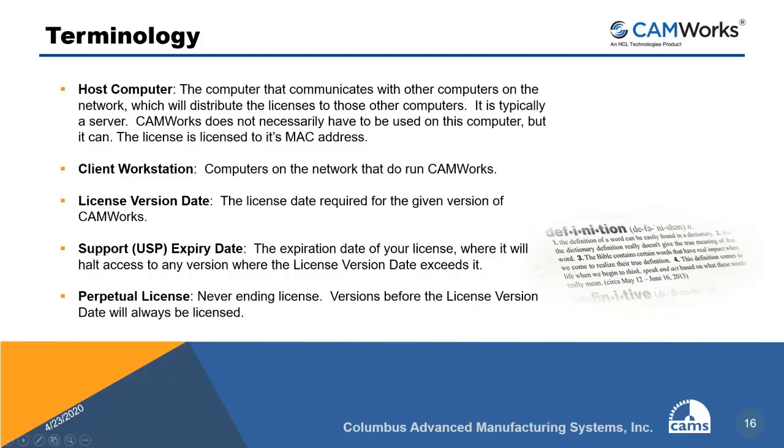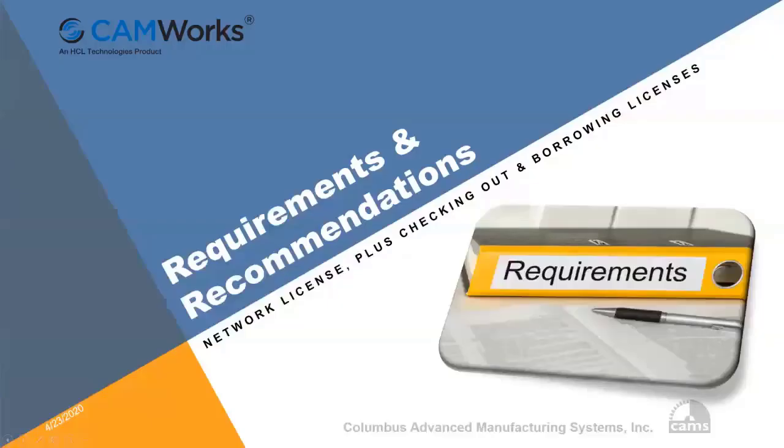Okay? You cannot run any version of software that comes out after your USP expiration date. So every software version and service pack has its different license version date requirement. I hope that clarifies some terms here.